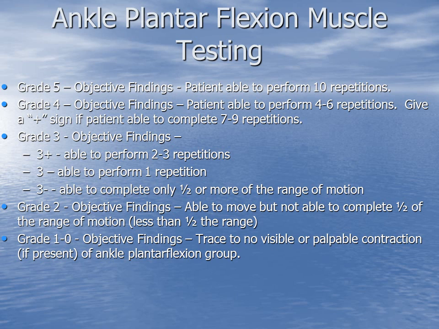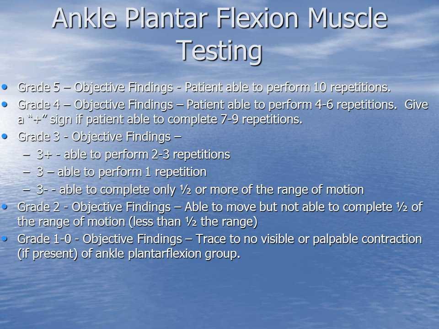Now, we can modify a grade 4 rating with a plus sign if they're able to perform, say, 7 to 9 repetitions, with 10 repetitions qualifying for a grade 5. So this gives you some objective data with which to rely on in assigning your muscle grades.